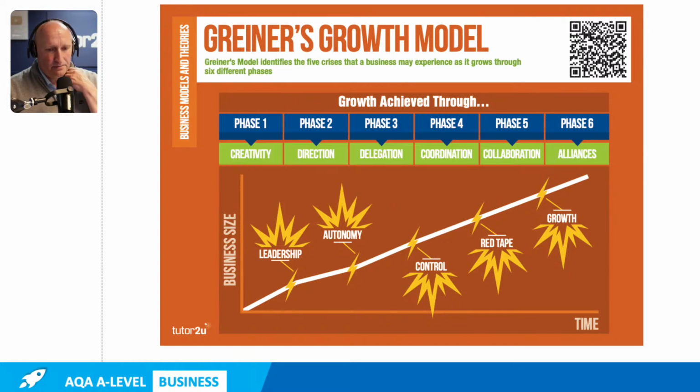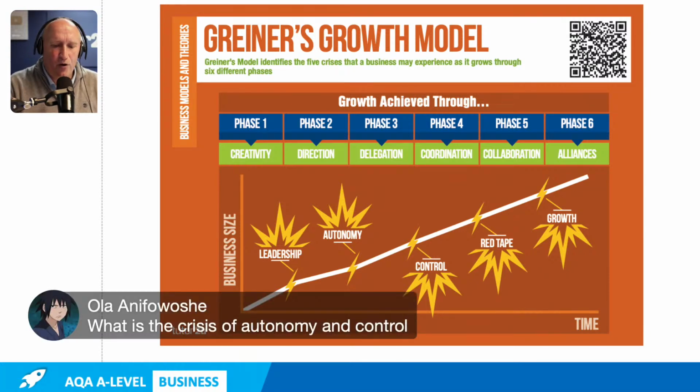Let's have a look. What else we got here? The crisis of autonomy is where you have got control. You've got some direction in the business. However, the managers want more authority. They want more power. They want to be able to make decisions for themselves. They want to be more independent. So that's the crisis of autonomy.